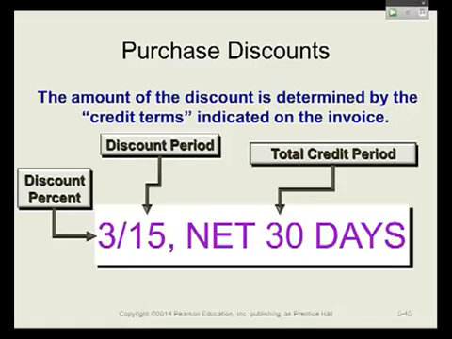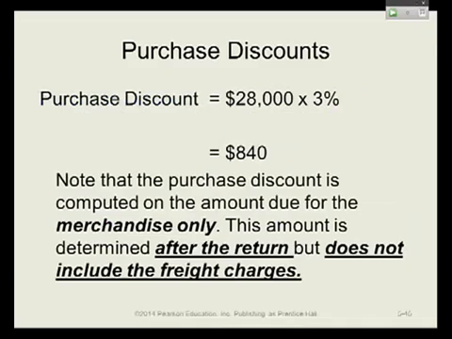Now remember, the reason why I'm keeping track of accounts payable here is because I need to know what I owe on the date that this accounts payable is paid. So I don't owe you 35 anymore. I'm returning 7,000 worth of goods, so I only owe you 28.